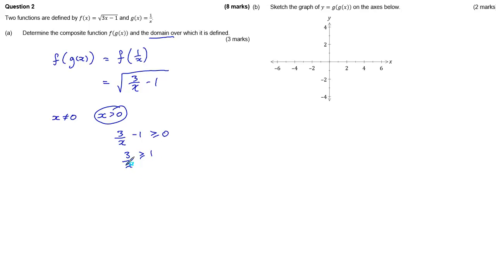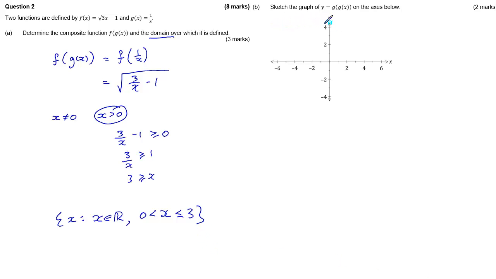Now remember, x is positive, we've already decided that, so we can multiply both sides of this by x, and then we get that x is less than or equal to 3. So we want the set of values of x, where x is a real, but x is between 0 and 3.